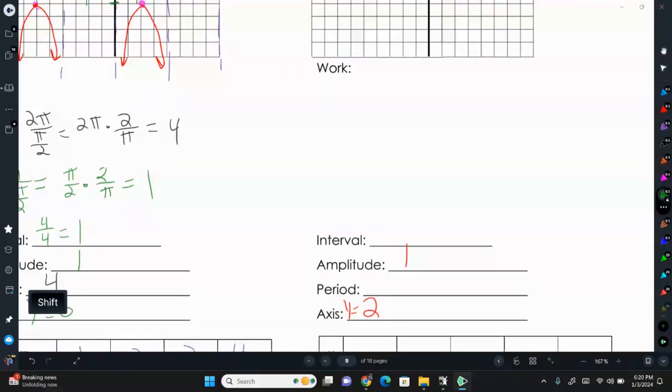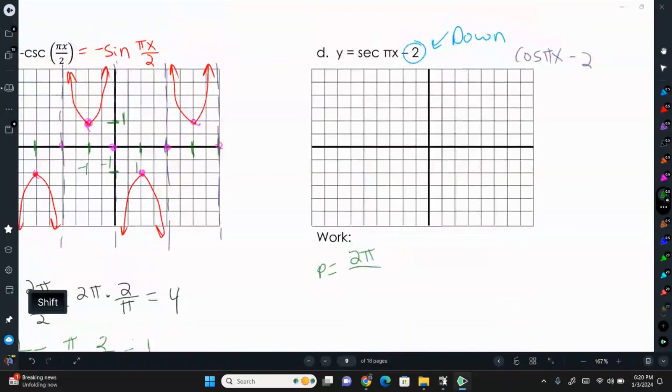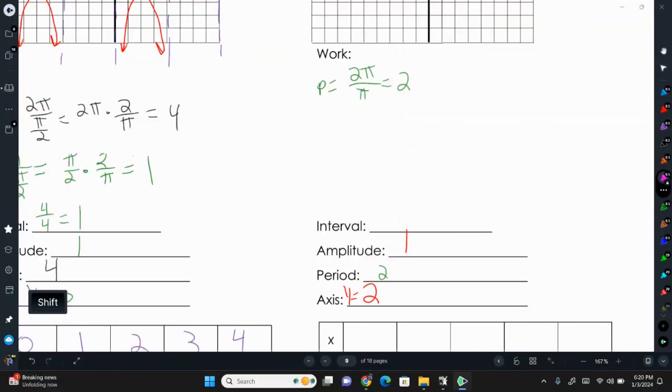And then our period, 2 pi over b. Our b value is pi, so our period is 2. And then for our interval, you could do 2 divided by 4, which is 1/2, or do pi over 2 times 1 over b, which is pi. Pi over 2 times 1 over pi, the pi's cancel, and you get 1/2.